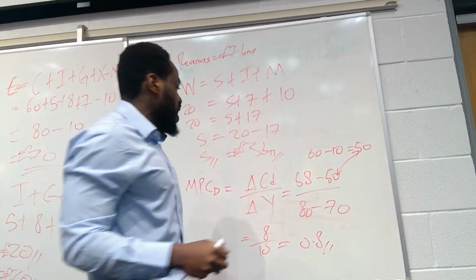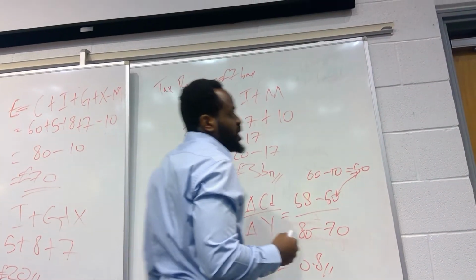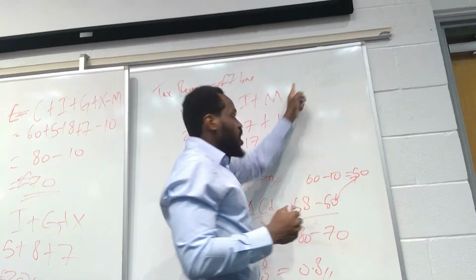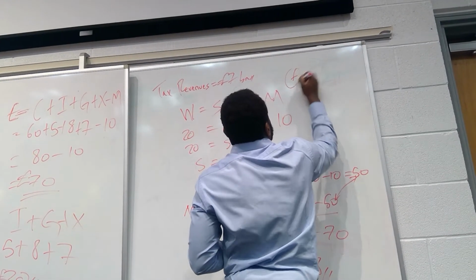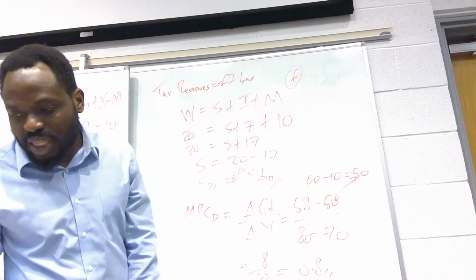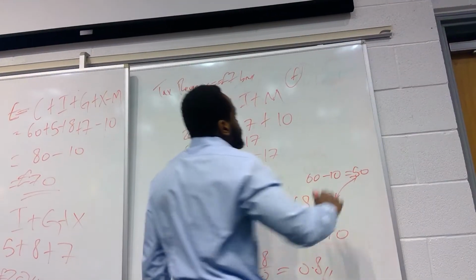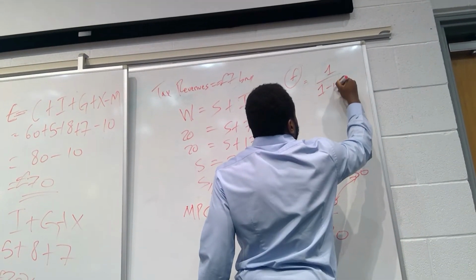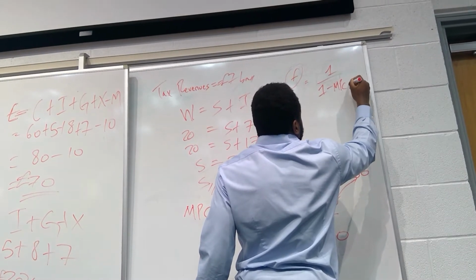Now the next question, F, says, what is the value of the multiplier? Can you see here? Is that okay? Okay. So F, our multiplier, the multiplier effect, remember we talked about that and we had fun with that. So the multiplier is simply 1 over 1 minus the marginal propensity to consume domestically, right?